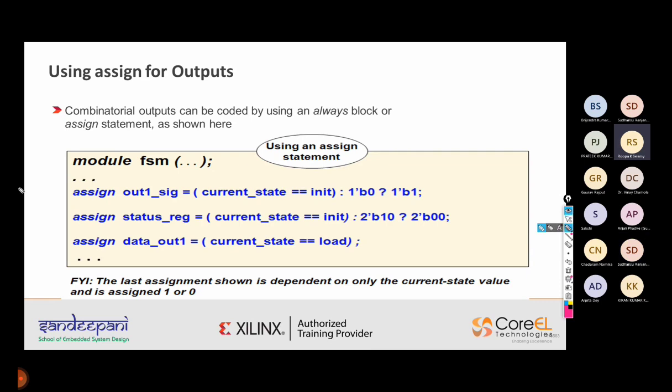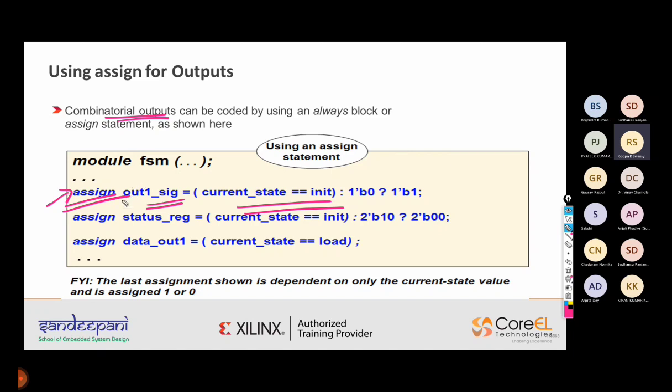Yes, definitely I can have a separate always block to define the state output logic. But if it is a combinational output, then I can use an assign statement also. Assign statements are continuous assignment statements best suited for combinational implementation.